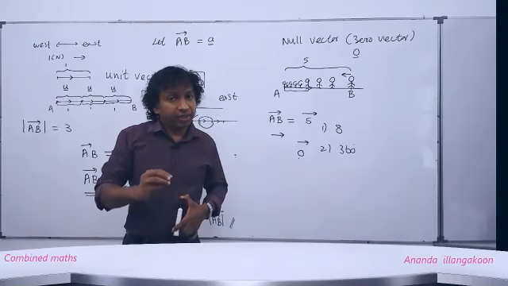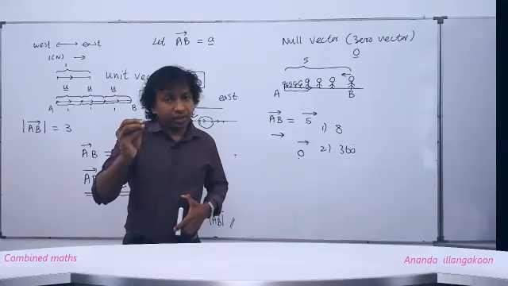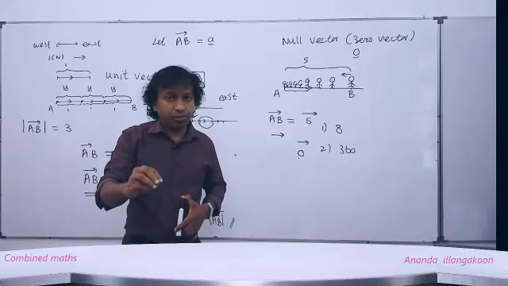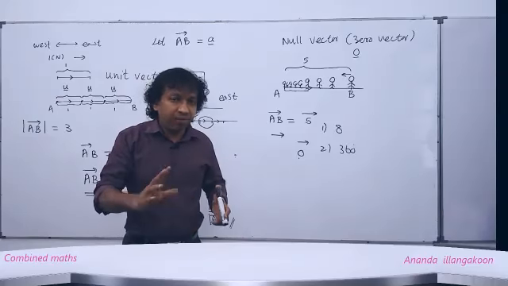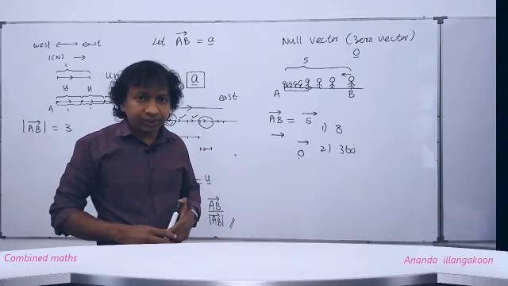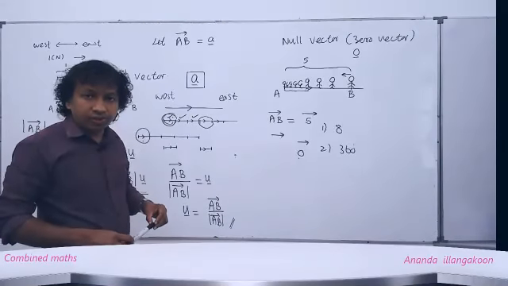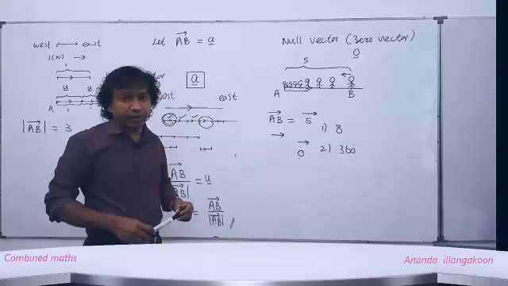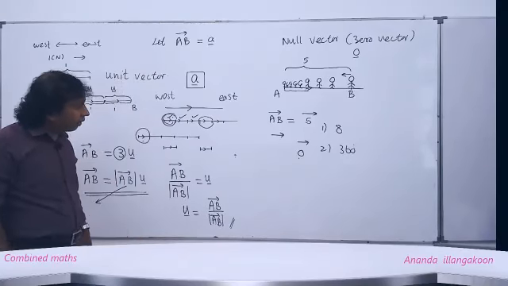Okay? It doesn't mean its direction is indefinite. It has a definite direction, a permanent direction, a fixed direction. That direction can be any direction. Understand? Right? That's how we simply define the direction of the null vector. Understood? Okay?